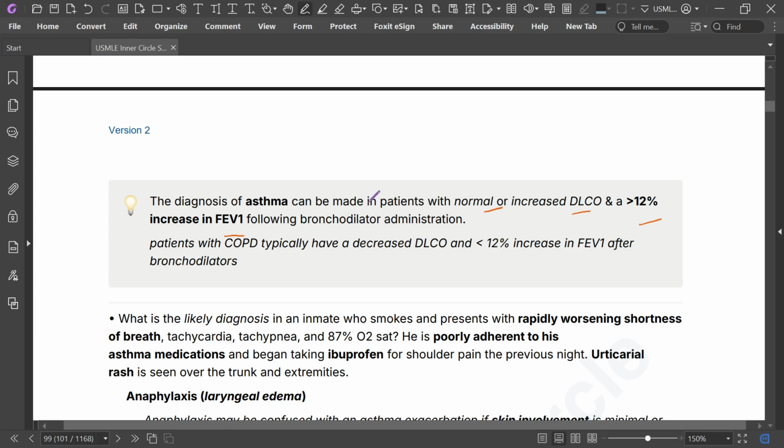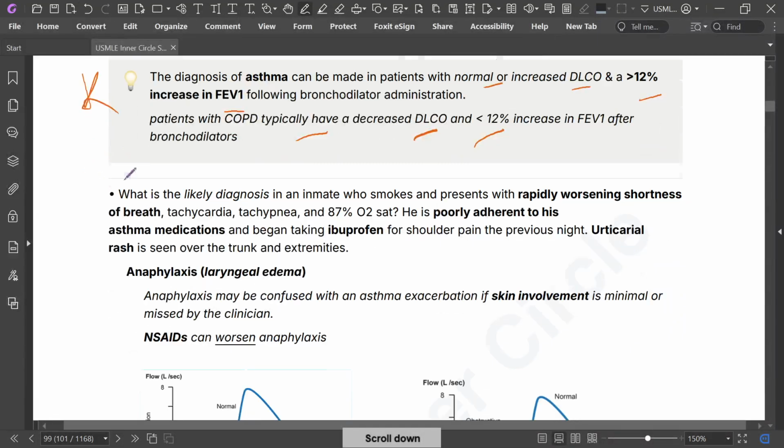After bronchodilator administration, if FEV1 is increased more than 12%, then we should think about asthma. A patient with COPD typically has decreased DLCO and less than 12% increase in FEV1 after bronchodilator administration. This is a very high-yield thing we should remember.